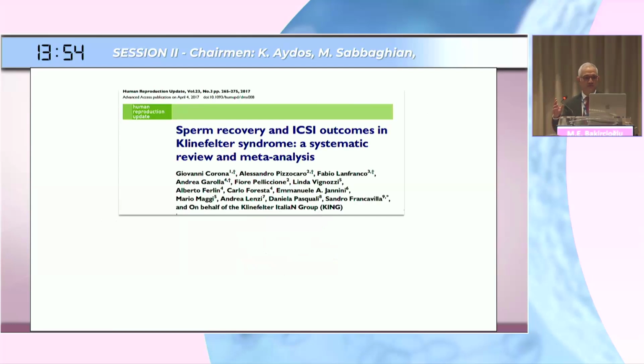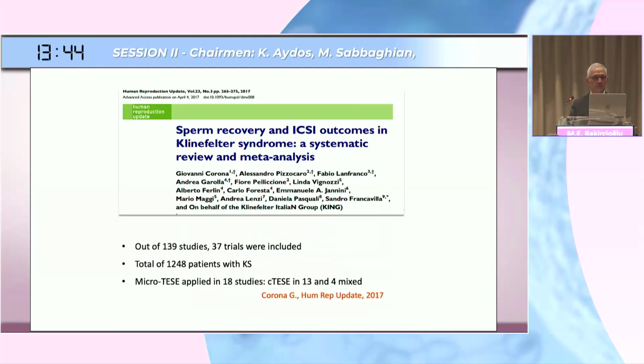One study was a meta-analysis and systematic review about sperm recovery outcomes from the Italian group, Corona et al. They looked at 139 studies and 37 were included, with more than 1,248 patients with Klinefelter syndrome, operated with microTESE in 18 studies and conventional TESE in 13, and 4 used a mixed technique.